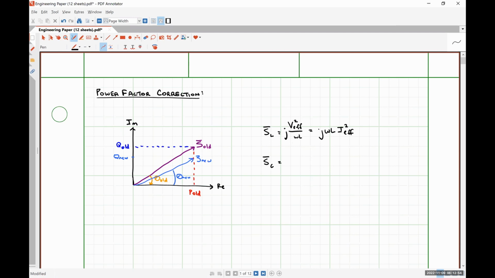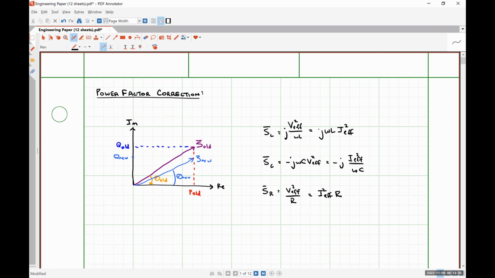Capacitors, this is going to look like negative J omega C times V effective squared, or negative J I effective squared over omega C. And resistors behave like this.